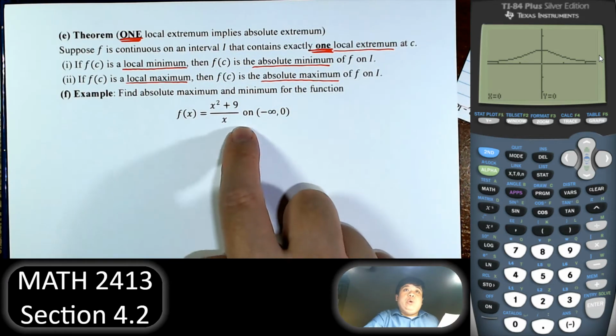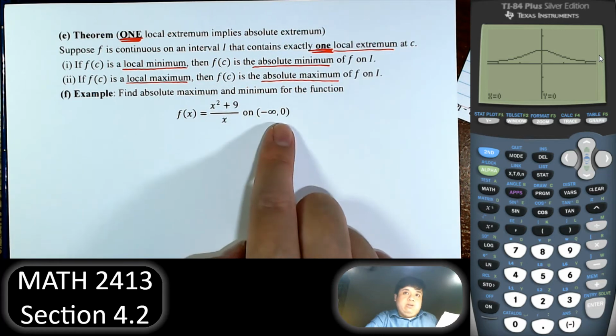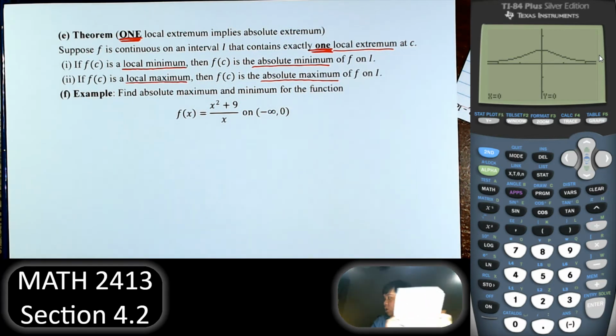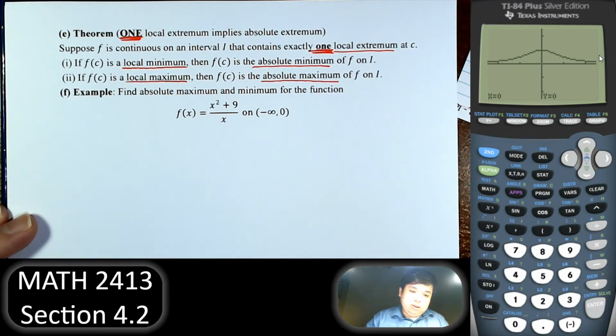This problem, we don't have the endpoints because the interval is not closed. So there are two reasons that in this case we cannot put in the table.